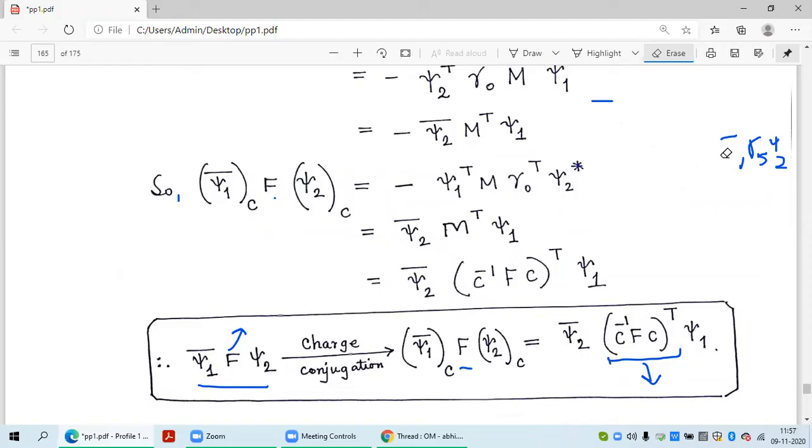Parity or Lorentz transformation, continuous transformation, they deal with space-time transformations. Also, time reversal deals with time transformations, which we have not discussed yet. But charge conjugation is a bit complicated. When it is applied on the Dirac field, it is further complicated because the Dirac field has its own complications or structures.